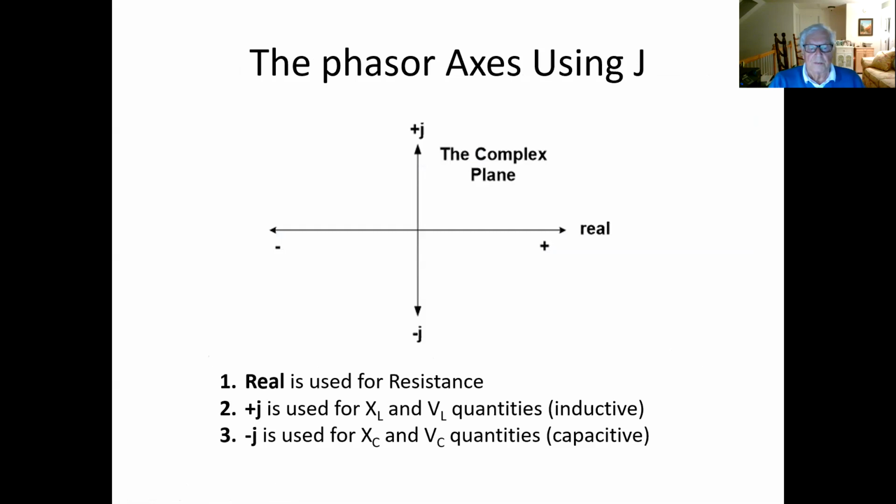Minus j can be either XC or VC, capacitive quantities. But the plus or minus really depends on which variable you're using. Is current leading voltage, or is voltage leading current? That kind of thing.